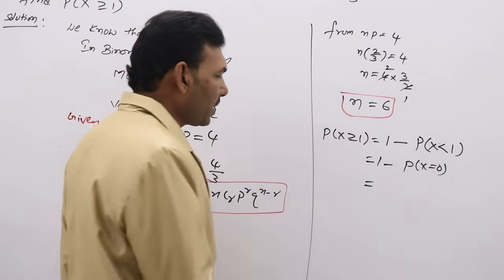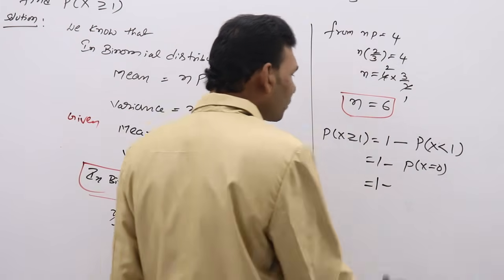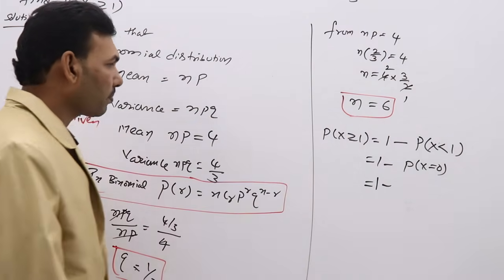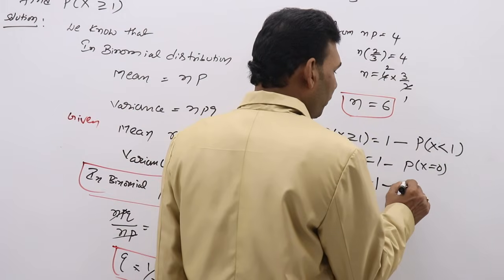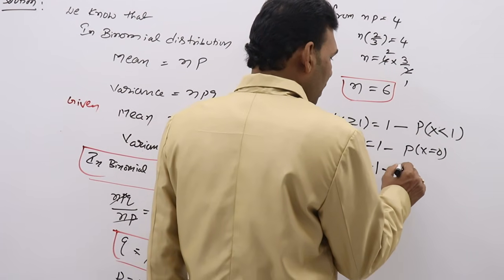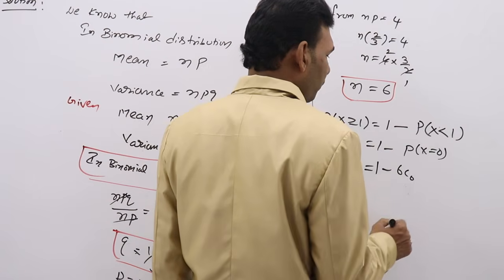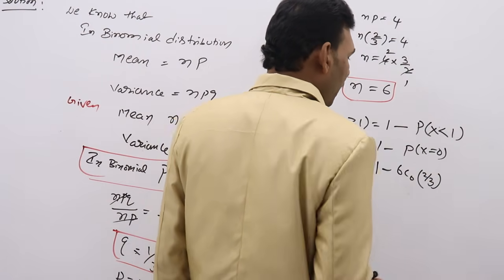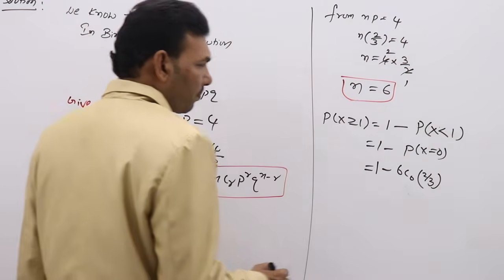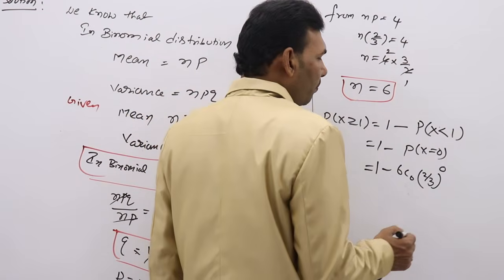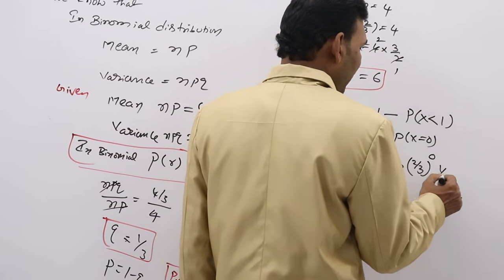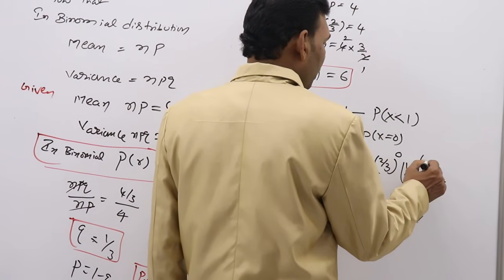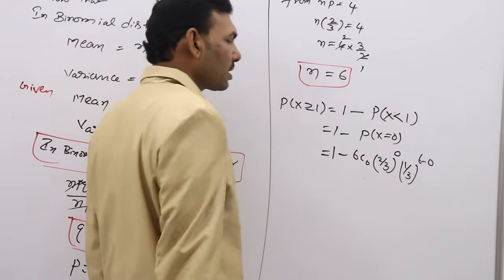P of 0 means nCr, that means 6C0, P power r, 2 by 3 whole power 0, Q power n minus r, 6 minus 0.